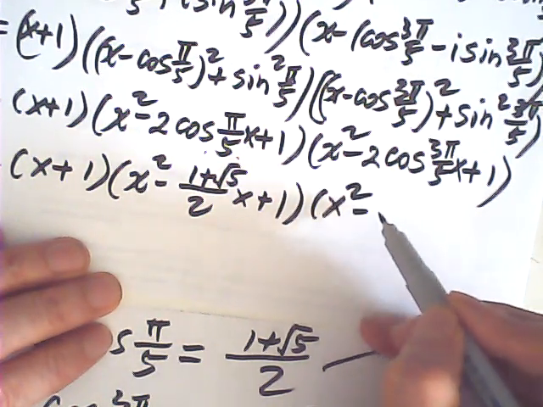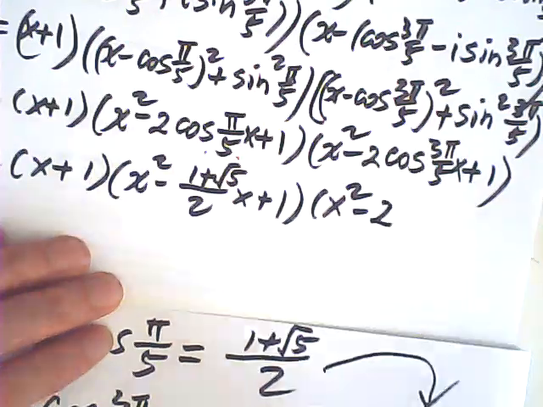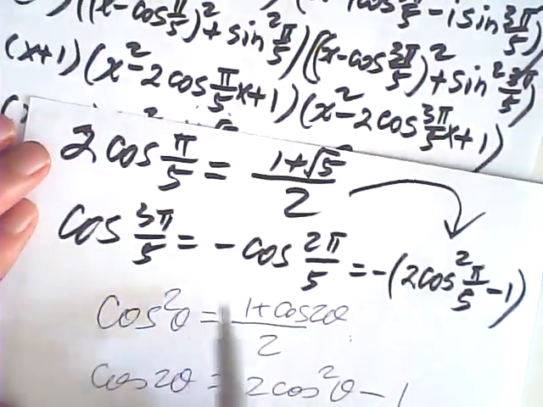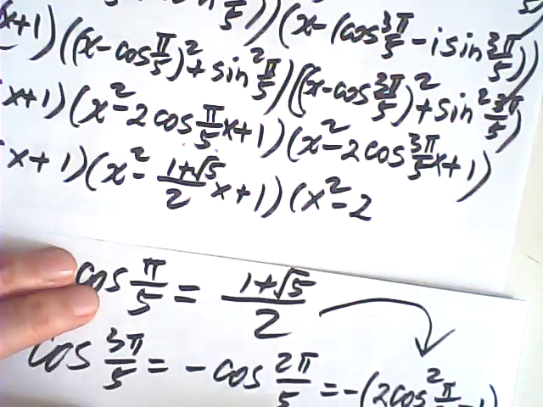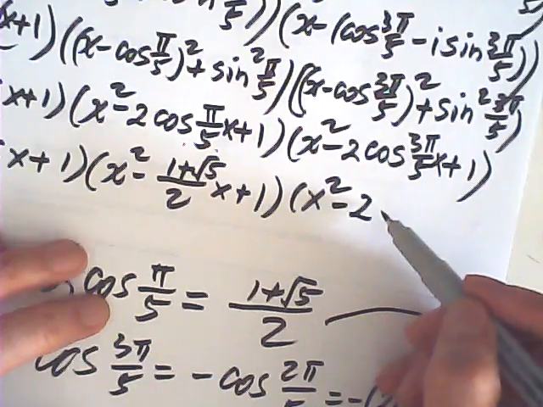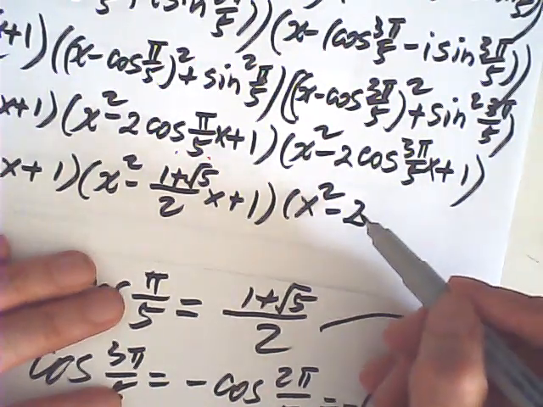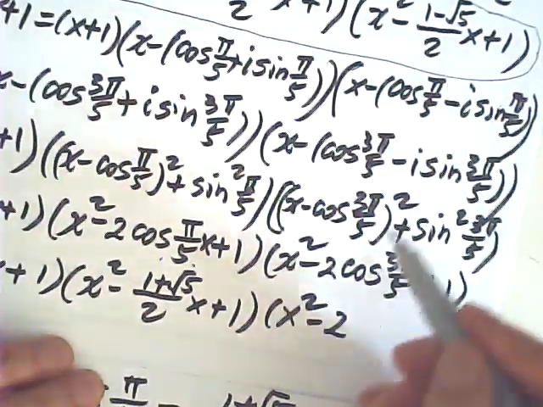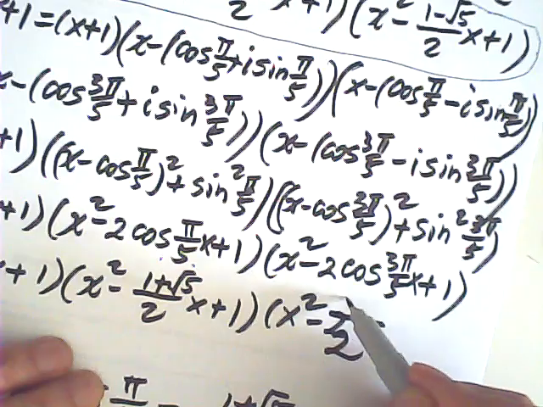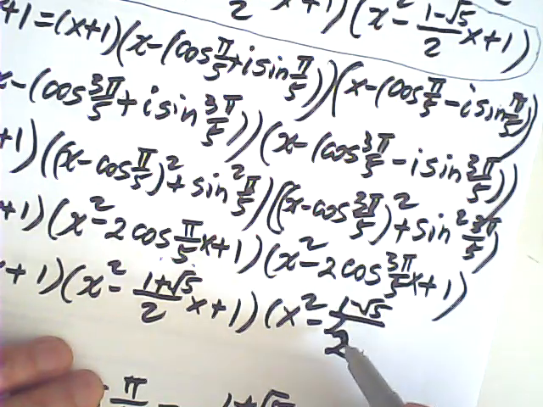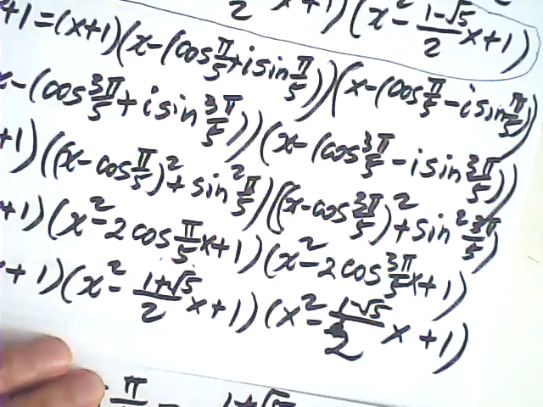Times x squared minus 2. We calculate, I omitted the detailed calculations. That is equal to, sorry, 2, 1 minus root 5, x plus 1.